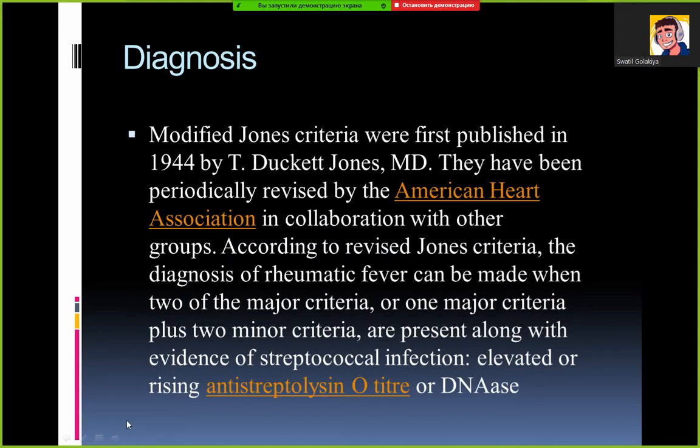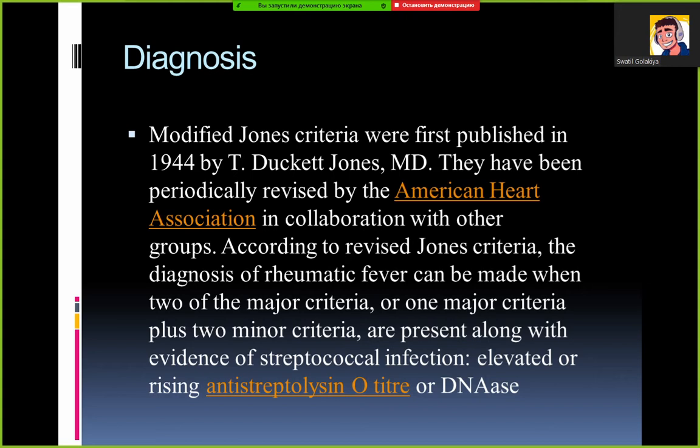So, how to make a diagnosis of acute rheumatic fever? The diagnosis of acute rheumatic fever is made according to specific criteria, which are called Jones criteria. Jones is the last name of the physician who formulated these criteria.